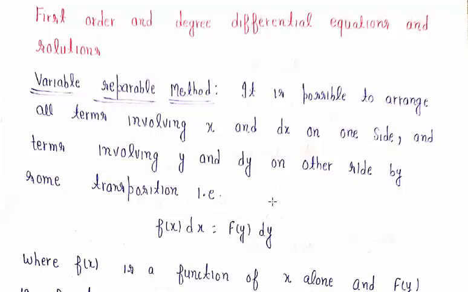So in the variable separable method, we separate the variables. If we have the two variables x and y only, then variable x and dx are on one side, and y and dy on the other side.